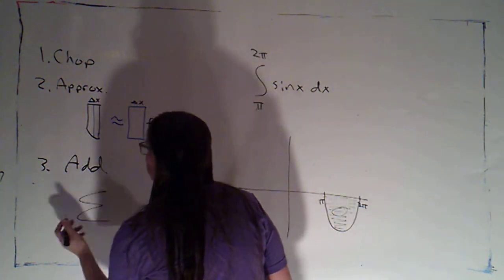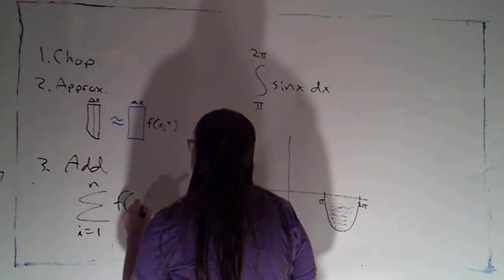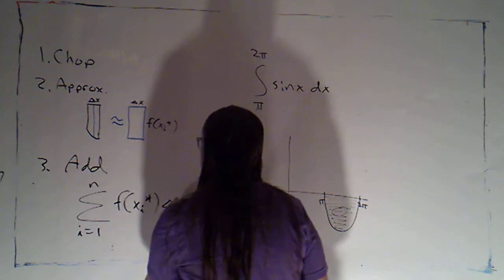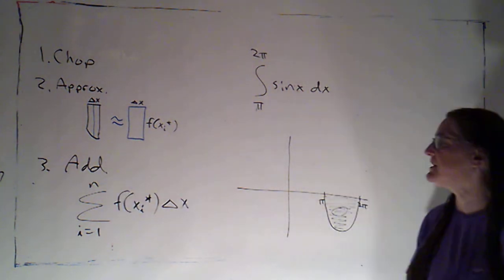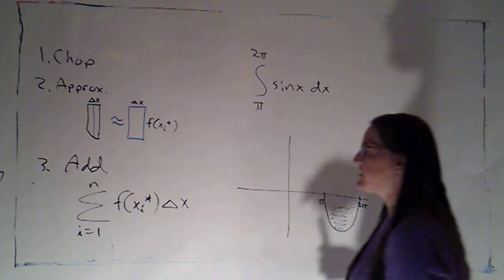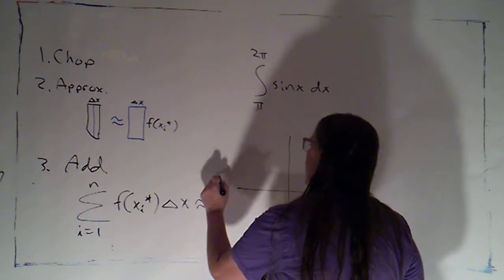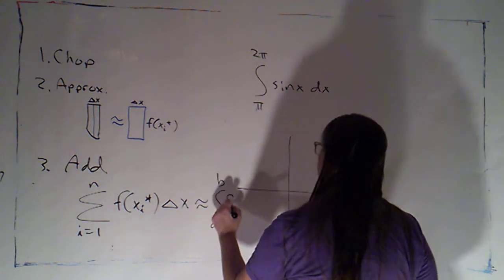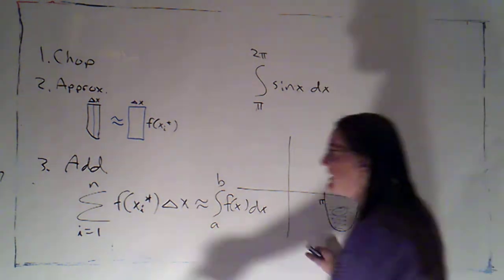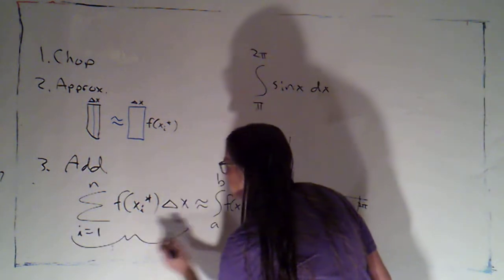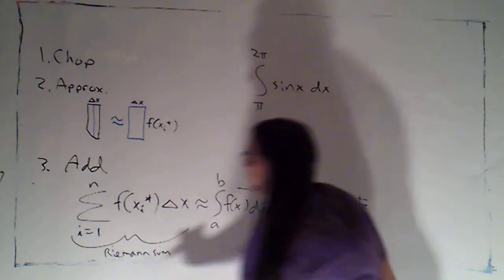So we'll have the sum as i goes from 1 to n of f of xi star times delta x, where n would just be the number of pieces into which I've chopped things. And we can say that this is an approximation then of the signed area between f of x and the x-axis. And of course, a sum like this, we call that a Riemann sum.